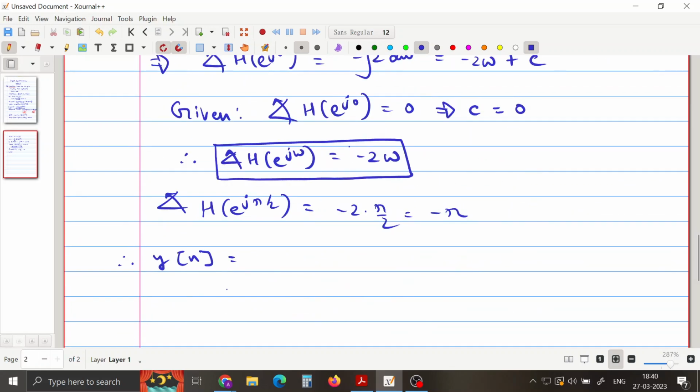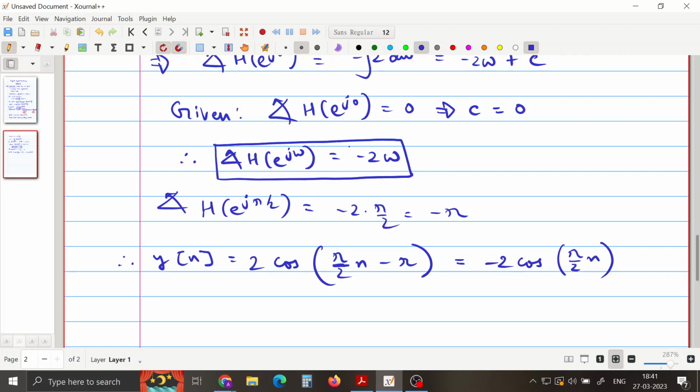So you get 2 cos of pi by 2 n minus pi. It just undergoes an amplitude scaling as well as a phase shift of pi. This is the final value, and if you can further simplify it and express it in another form, anything is fine.